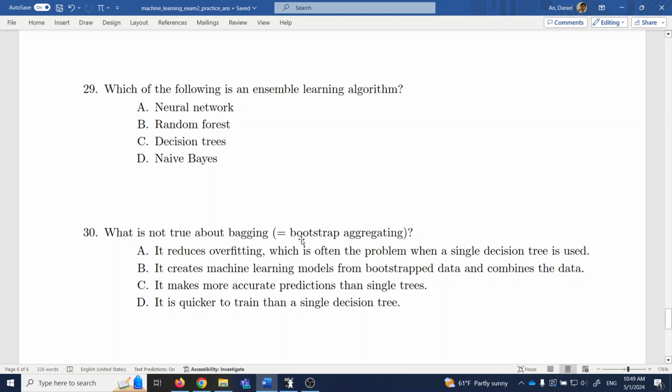Bootstrapping means that you don't use all the training data, you just use a sample of the training data. So if you have, say, 100 samples as your training set, then you sample 100 training data from the 100 samples, but with replacement. So that means same points can be chosen again.